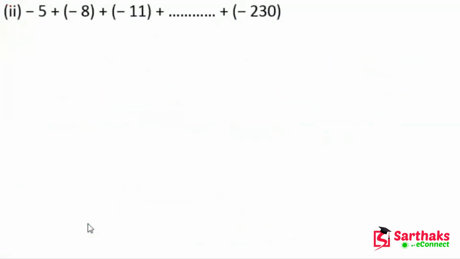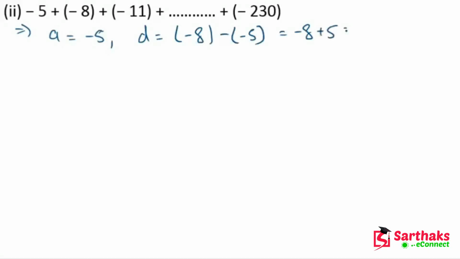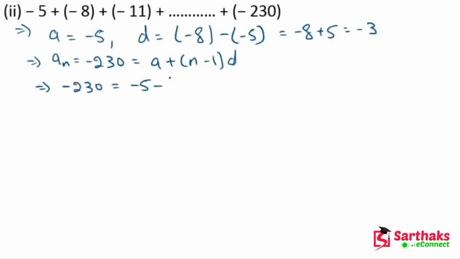Now again, we have a question like this. Let's suppose we have a is -5 and d is -8 minus of -5, so we get -8 plus 5, which means -3. And an is equal to -230. With the help of this, we can find n easily. So -230 is equal to -5 plus n minus 1 into -3.